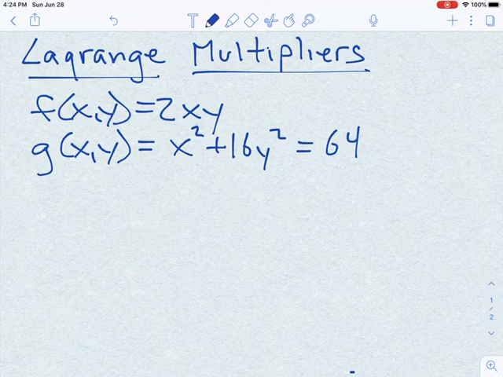Now, one of the techniques of using Lagrange multipliers is to create a Lagrange function. And in this course, we're going to use the Lagrange function which was explained in my notes.